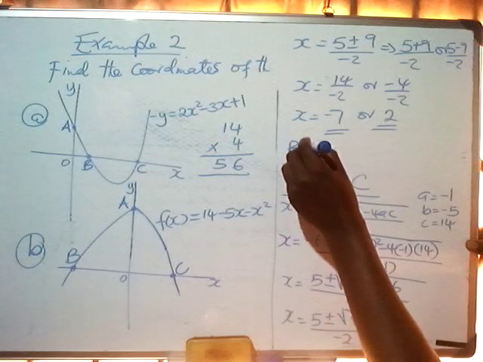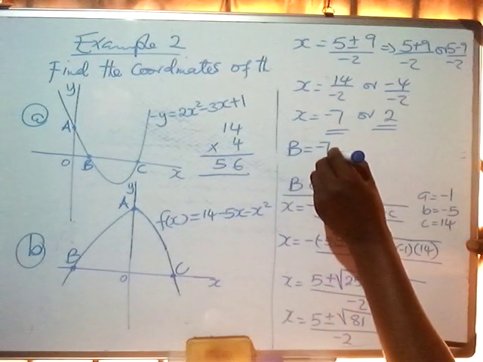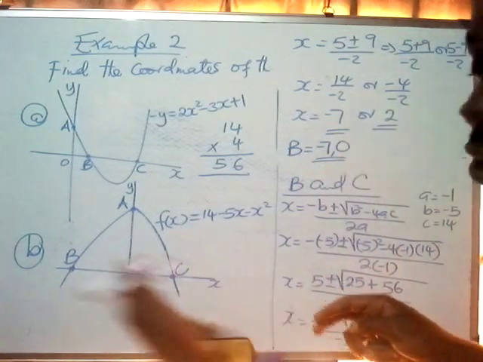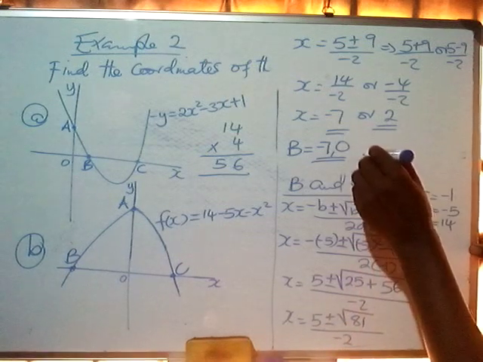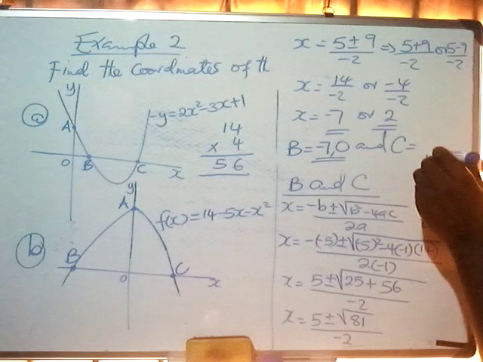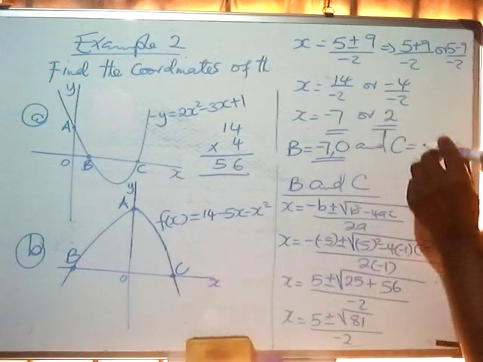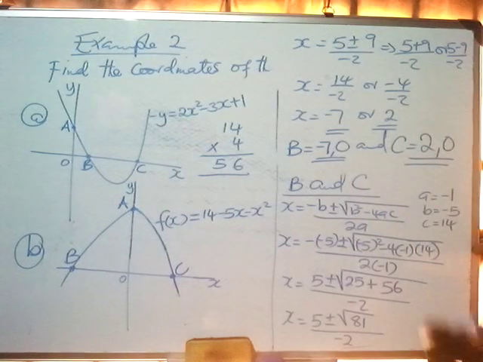So this means that our B will be negative 7, 0. Why 0? Because the value of y along the x-axis is equal to 0. Then our C, because C is to the positive side, so this 2 will go to C. So it will be 2, 0.